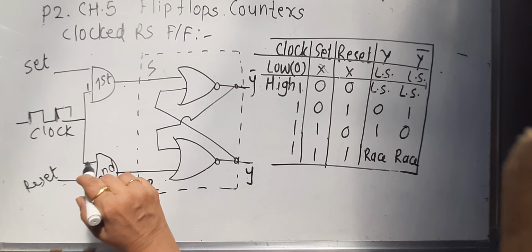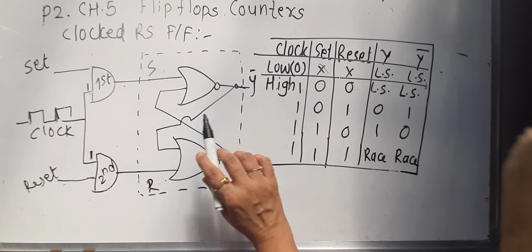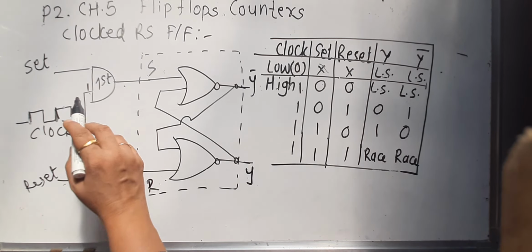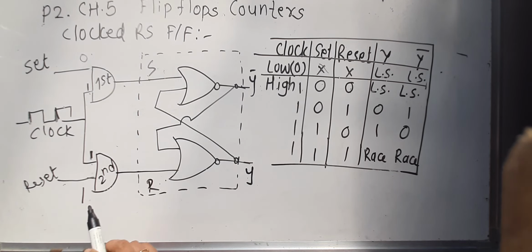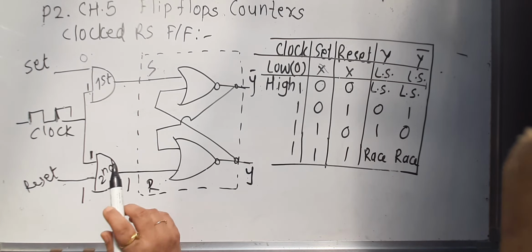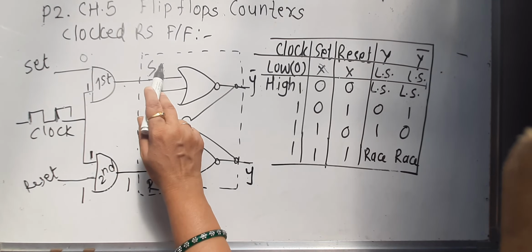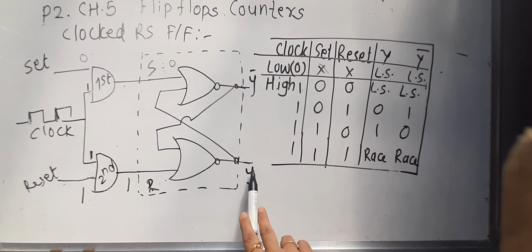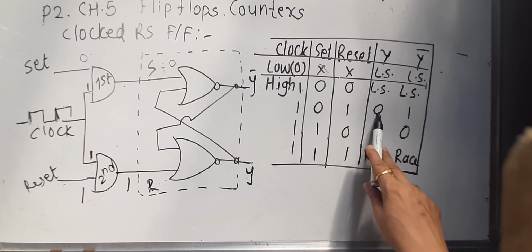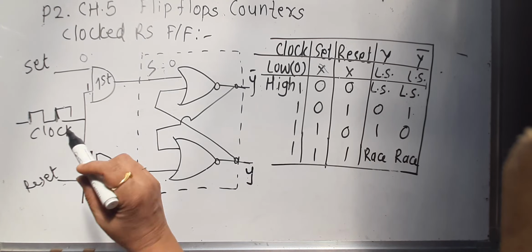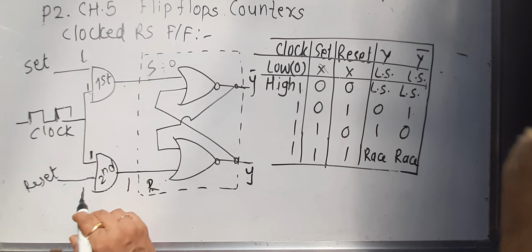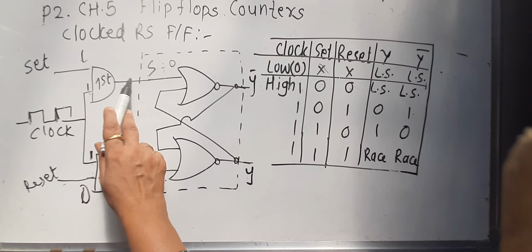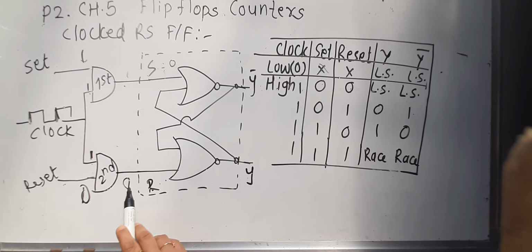Now as clock is high, now S is 0, R is 1. So here R will be 1, S will be 0. So as R is 1, reset pulse is given, so Y is 0, Y bar is 1. When S is 1, R is 0, then here output will be 1, here output will be 0.